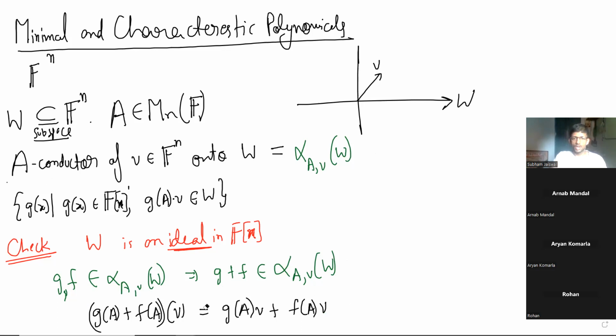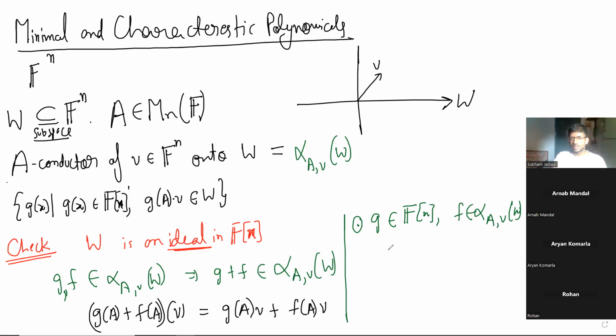Okay, so now you tell me this is fine, right? What is the other thing about ideals? What is the other thing that we should try to check? This will fail, but see it. If g is just an arbitrary thing, one is arbitrary and one is inside, and f is in this. I can just call it alpha at this point because it's only one A and v going around.